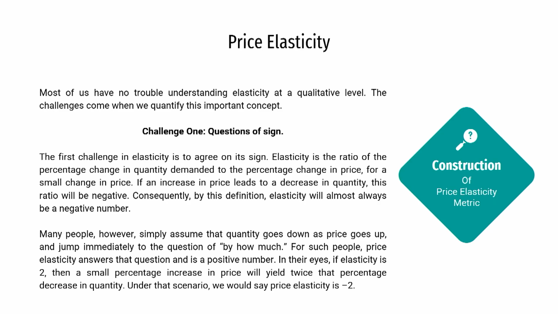In their eyes, if the elasticity is 2, then a small percentage increase in price will yield twice the percentage decrease in quantity. But in reality, conceptually, by definition, by formula, price elasticity is actually -2. So, the first thing you need to concentrate on is the sign.